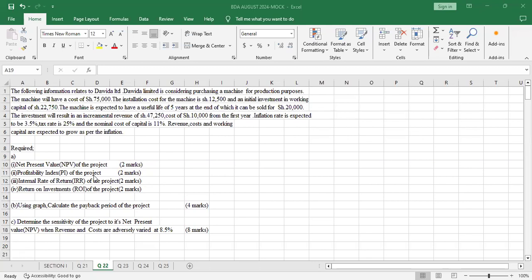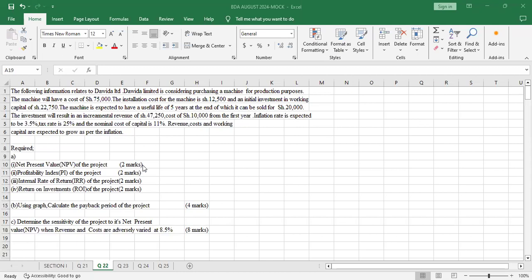The following information relates to Dawida Limited. Dawida Limited is considering purchasing a machine for production purposes. The machine will have a cost of shillings 75,000. The installation cost for the machine is shillings 12,500, and an initial investment in working capital of shillings 22,750.